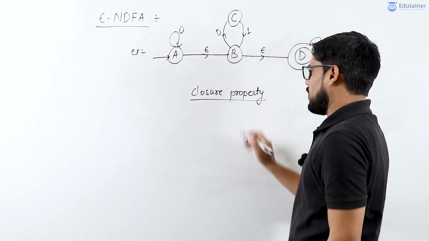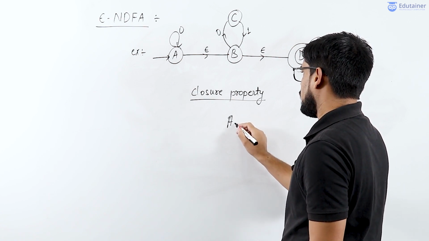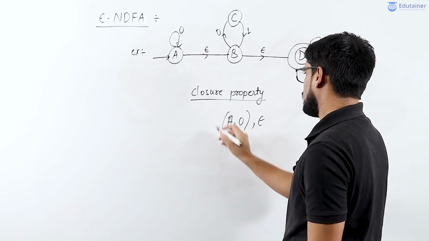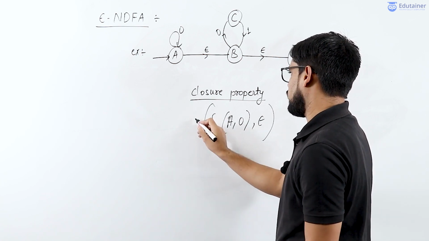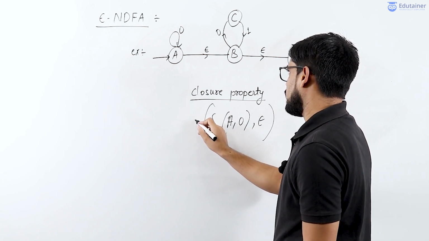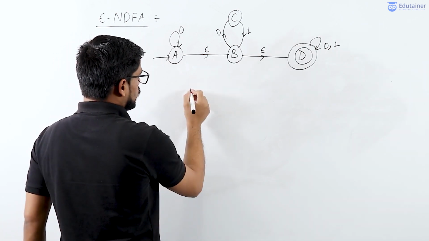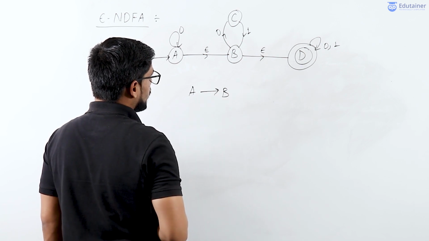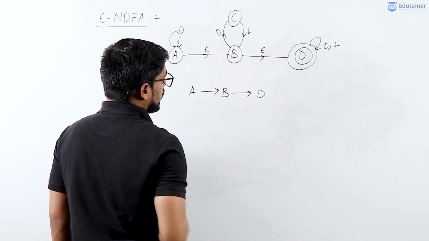A will go to B by reading epsilon, and B will go to D by reading epsilon.